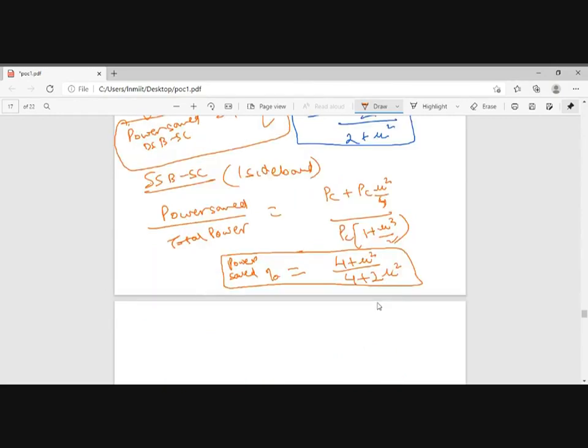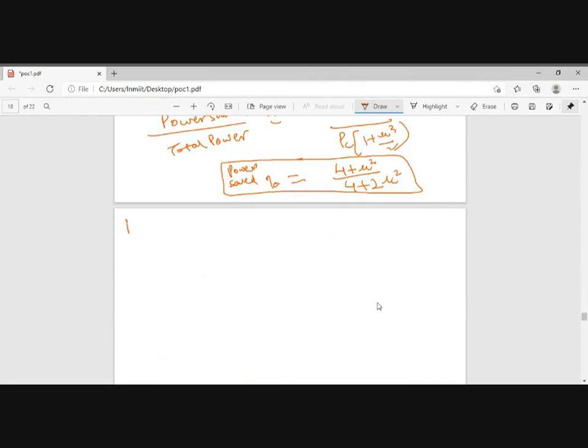Okay, so a numerical. An AM transmitter power is 500 watts.